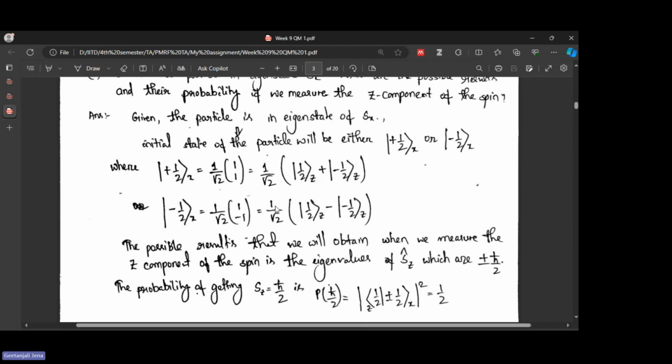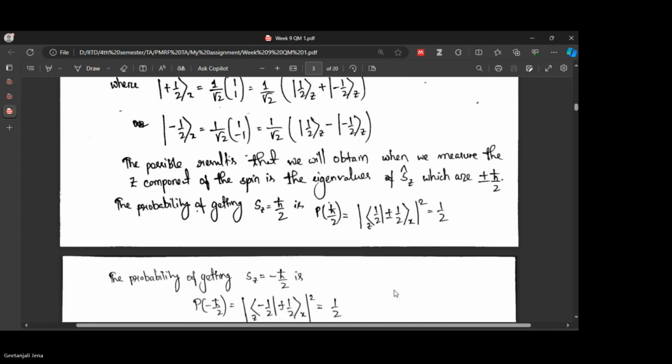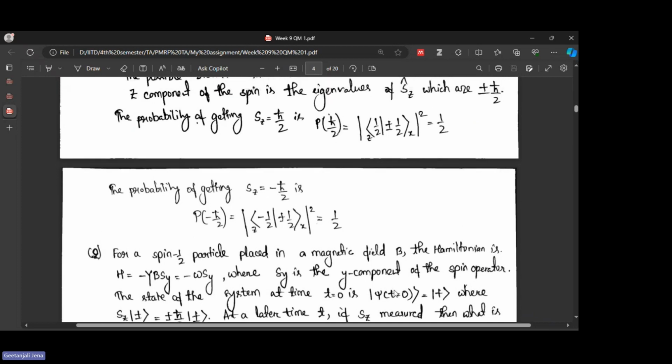There is a 1 by root 2 term here, so the square will be 1 by root 2 squared, so it will be half. So the probability of getting plus ħ/2 is half. This is how you can solve the problem. For minus ħ/2 also, the probability is the same because there is a 1 by root 2 term here. So the probability will be 1 by root 2 squared, so this will be half.